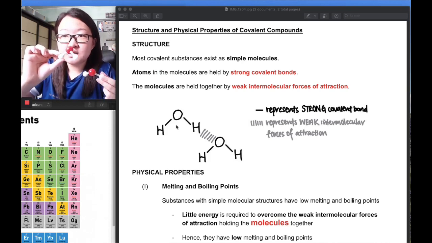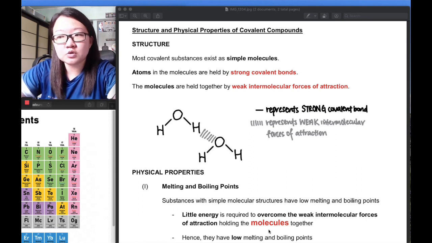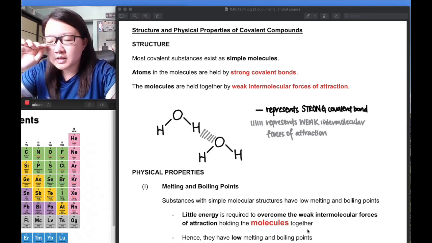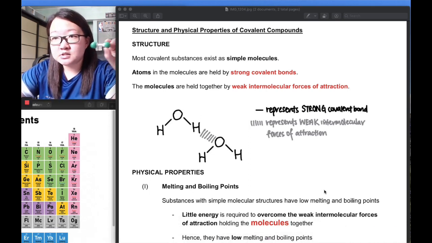So therefore, if you see the notes, very little energy is required to overcome these forces of attraction, which are holding the molecules together. So that was the reasoning as to why our covalent simple molecules have very low melting and boiling points. Okay, so likewise for our case of fluorine, it's like that.